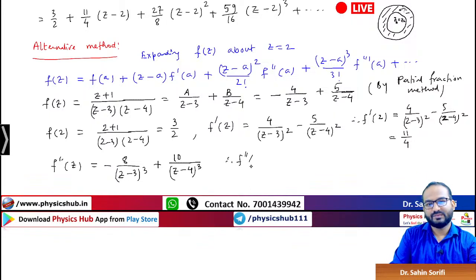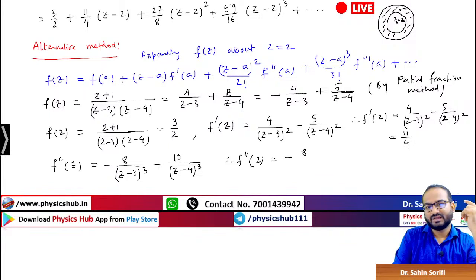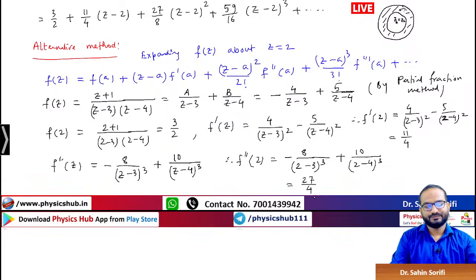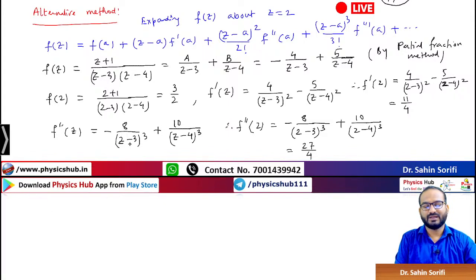And f double prime of 2 becomes minus 8 by 2 minus 3 whole cube plus 10 by 2 minus 4 whole cube, and this will give you 27 by 4. Let's calculate another term, f triple prime of z. It means the derivative of this again, so 24 by z minus 3 to the power 4.